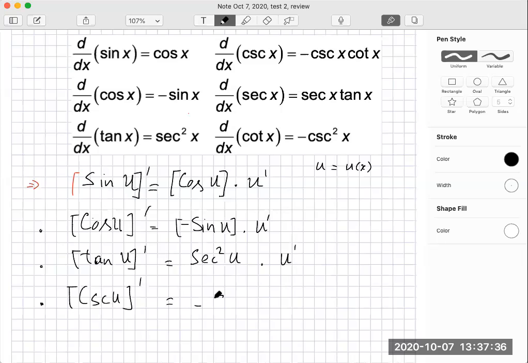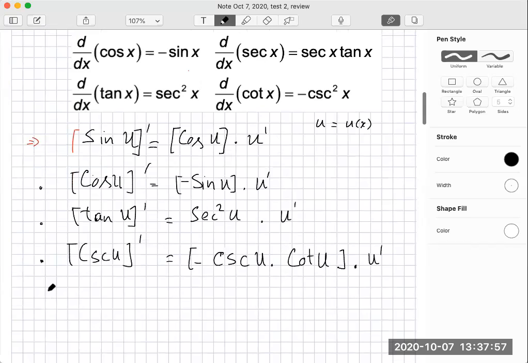So for the derivative of cosecant of u, applying this formula, it would be negative cosecant of u and cotangent of u, and the whole thing we multiply with u prime from the general. Similar story, right? The derivative of secant of u will be, what do we have here? Yes, and u prime.